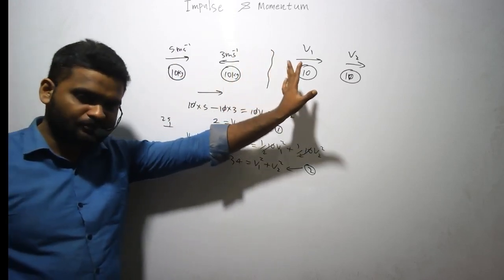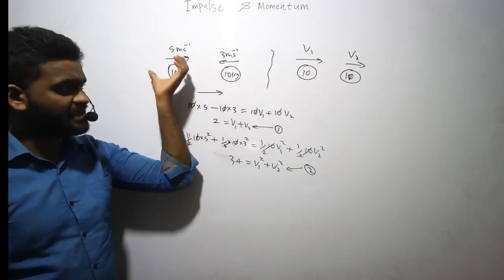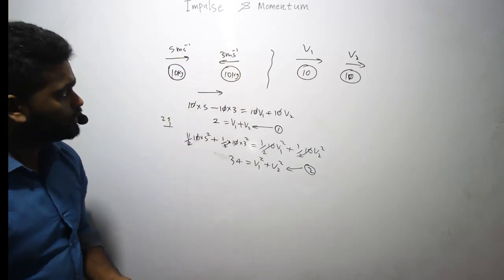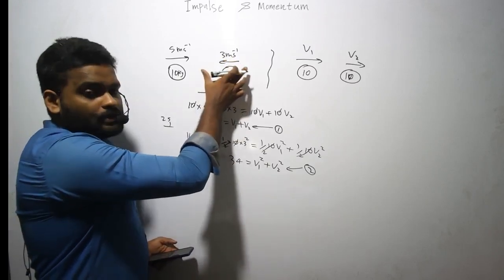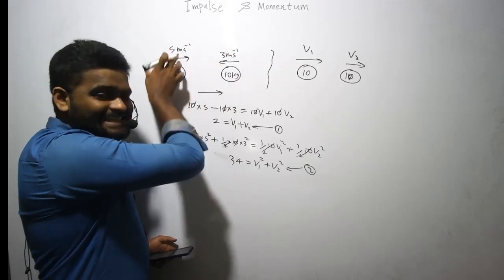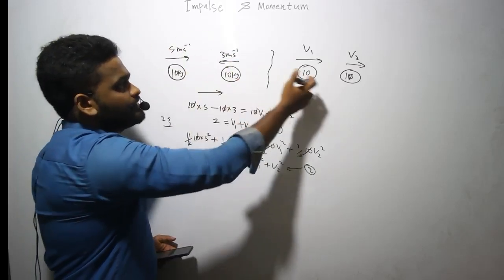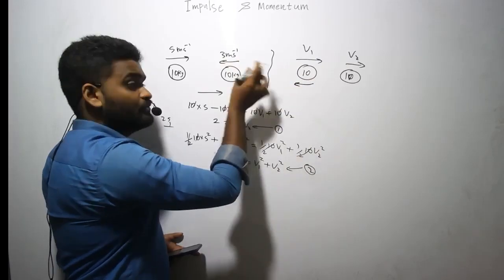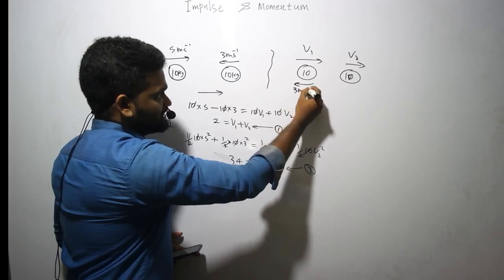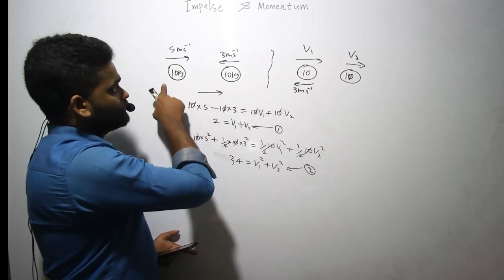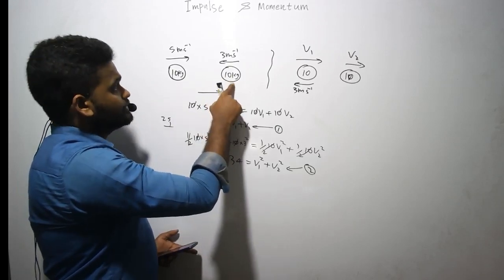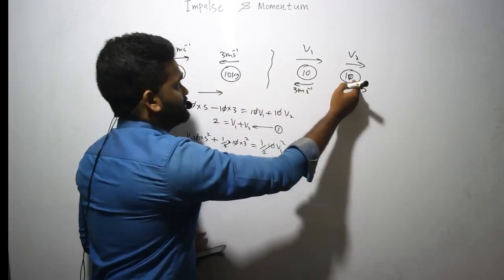If the collision is perfectly elastic and the masses are equal, all you have to remember is that after the collision the velocities interchange. So when they collide, the velocity of this becomes 3 meters per second in this direction, and for this, it becomes 5 meters per second in the other direction.